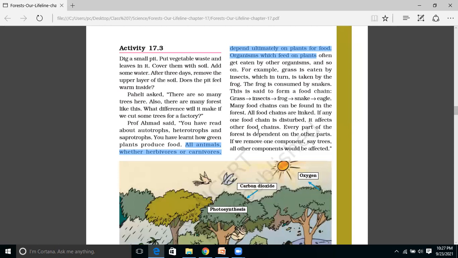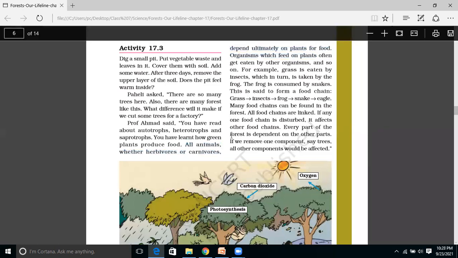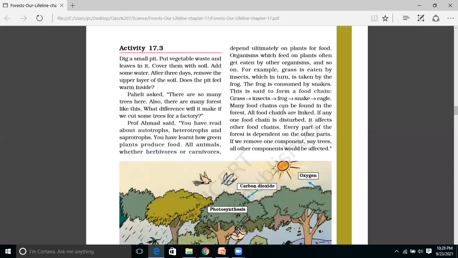Now in the forest there will be a lot of food chains, linked to one another. In case I remove one of them, like in case I remove grass, what will happen? The entire chain will get disturbed. Therefore, it is said we should not disturb the harmony of the forest because everyone is linked to each other.